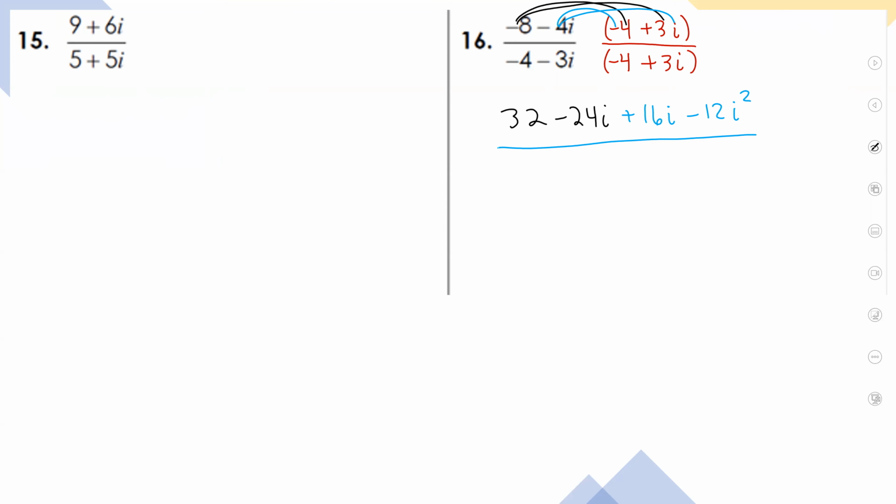Okay, next let's do the denominator. Negative 4 times negative 4 is 16. Negative 4 times 3i is negative 12i. And my next part, negative 3i times negative 4 is positive 12i. Negative 3i times 3i is negative 9i squared.